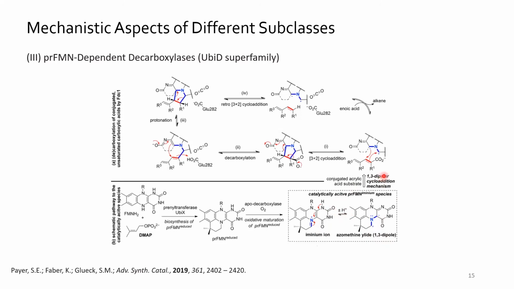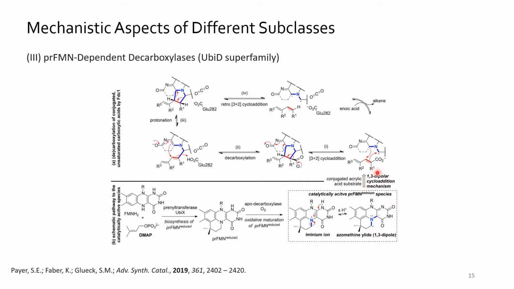And if you have, for example, the conjugated unsaturated carboxylic acids, which are catalyzed by, for example, the enzyme FDC1, which is the ferulic acid decarboxylase, we have this azomethine ylide as the catalytically active species.